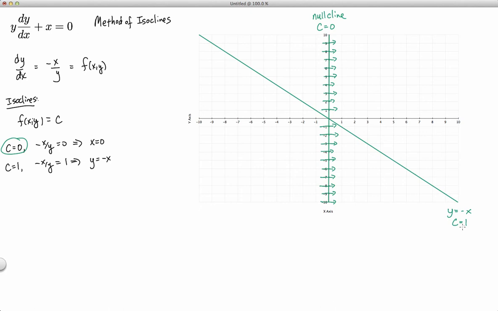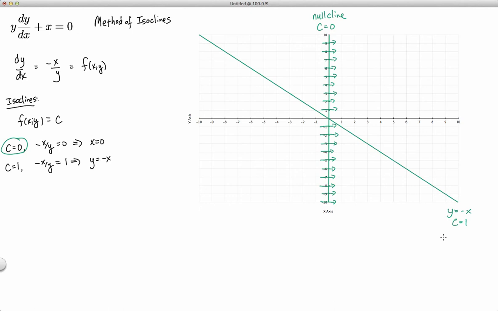Now you have to divorce the idea of the isocline from what's going on in the plane. In the slope field, everything on this line has slope 1, even though the line itself has slope negative 1. So the slope of the line has nothing to do with the slope field.